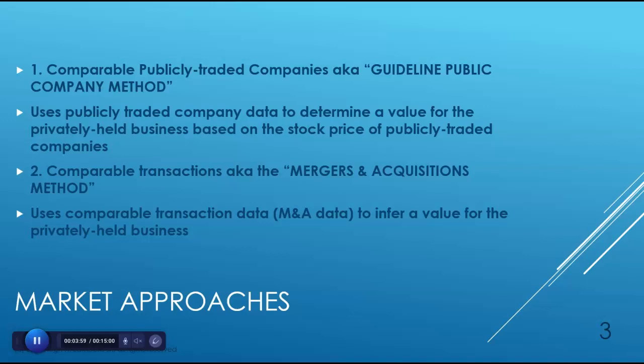In contrast, the comparable transaction method, or the M&A method, mergers and acquisitions method, looks at situations where one company has been acquired by another. So usually those are controlling interest transactions. One company has said, we want to acquire 100% of XYZ Co., and here's the price we're going to pay to make that acquisition.